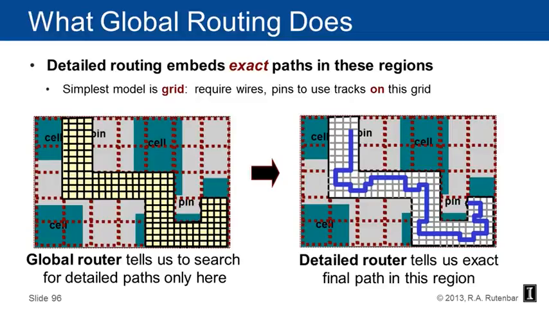The detailed router on the right tells us the exact final path in this region by routing the wire on the grids inside. This means that you can balance the demand for wiring across the surface of the chip by roughly planning where the wires go first. It also makes the detailed embedding of the wire with your router much faster because you just don't have to search so much space.